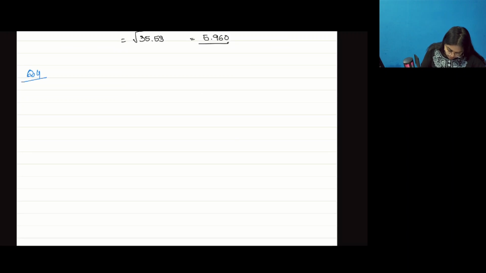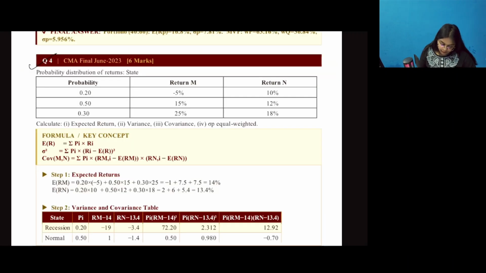Question number 4, the data which they have given. First I am bringing the data here.